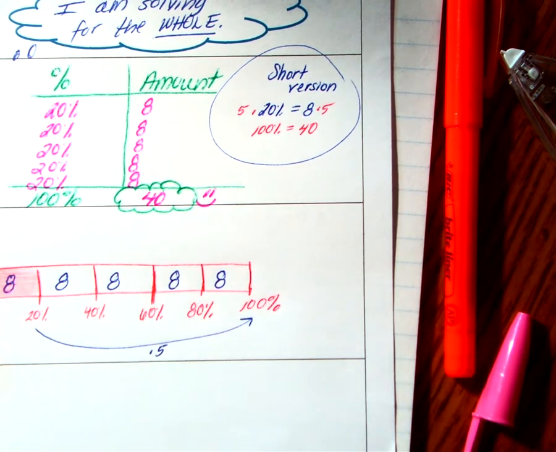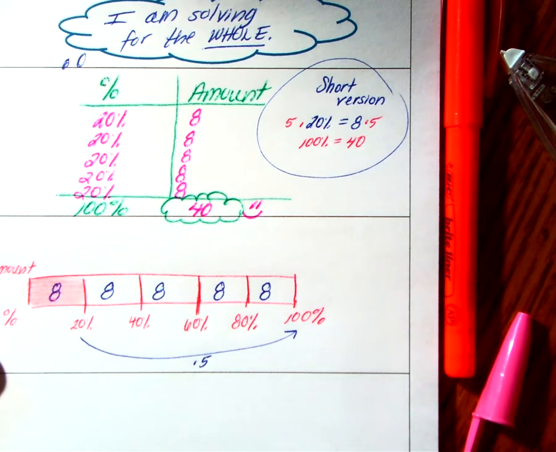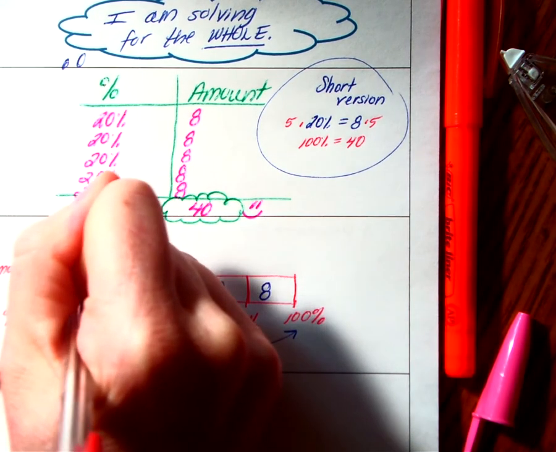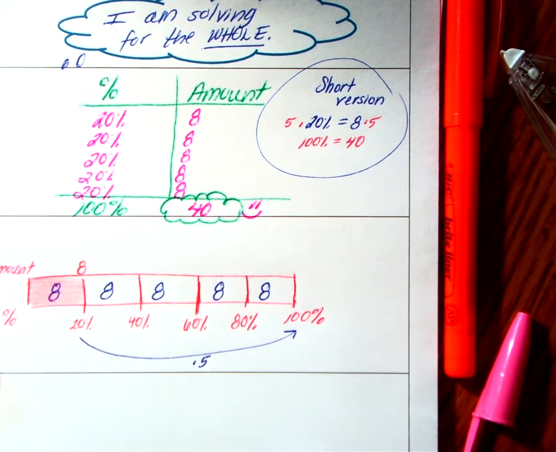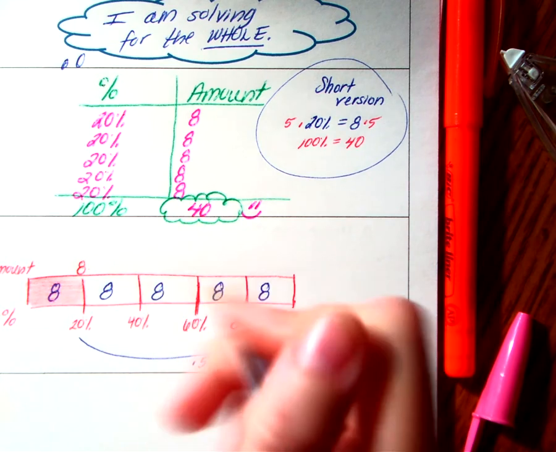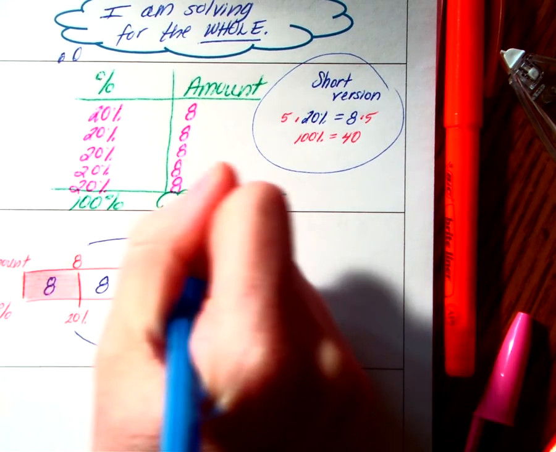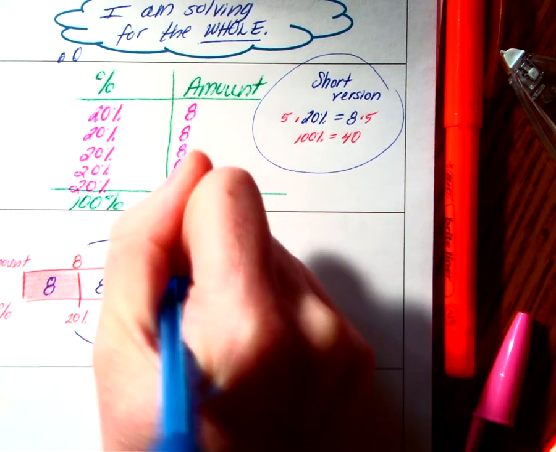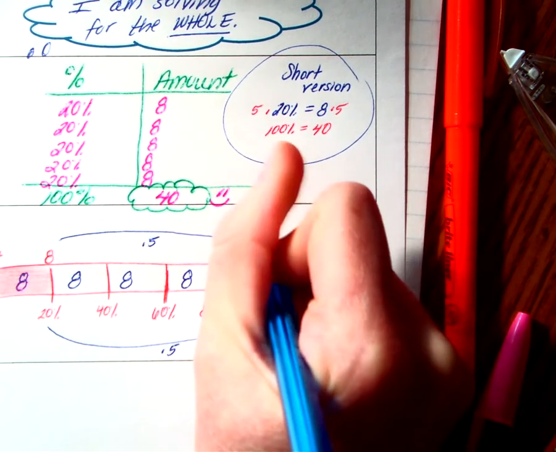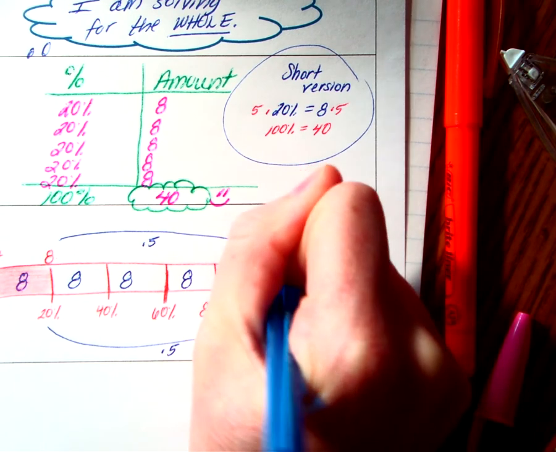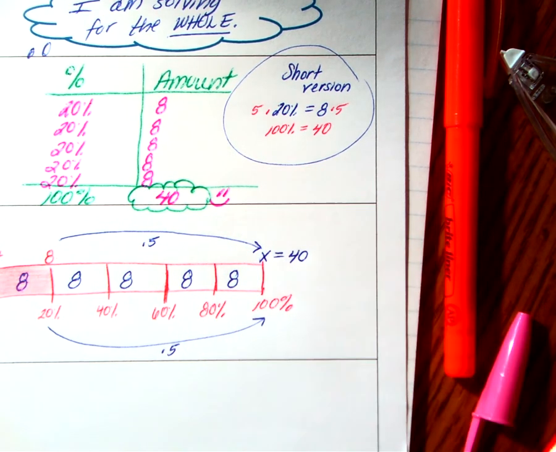By 5. And at 20%, we knew it was worth 8. So I am 8 to 20%. If I scale that up in exactly the same fashion, times 5, I end up with the value of x equals 40. The mystery value, the whole.